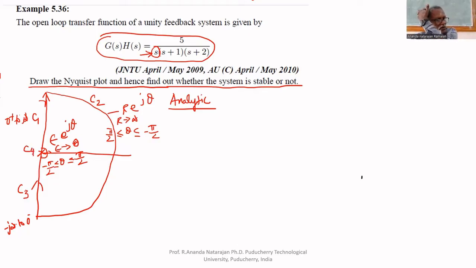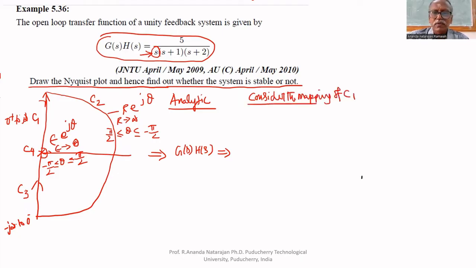We have to map C1, C2, C3, and C4 on the function g of s h of s. So if you map this on g of s h of s, we have to see what we will get. For that, the first step is we have to consider the mapping of C1.